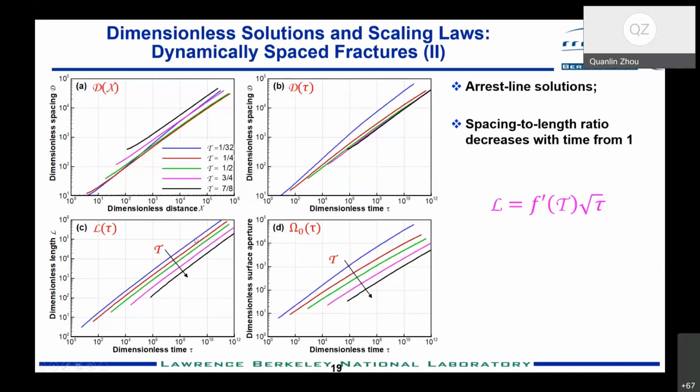So you can see all these type curves. That's the solution because we only have one model parameter. And then we also get the scaling law again as a square root of t time, but the scaling coefficient is different.